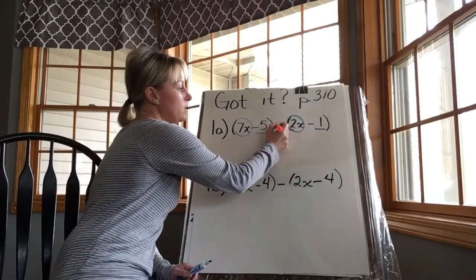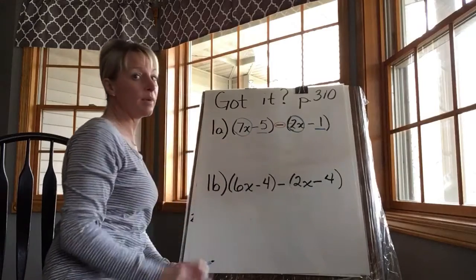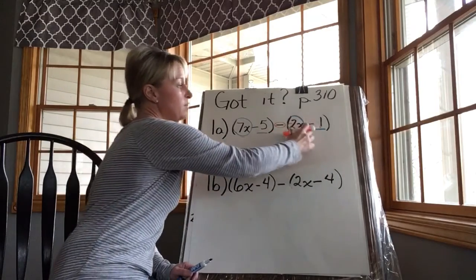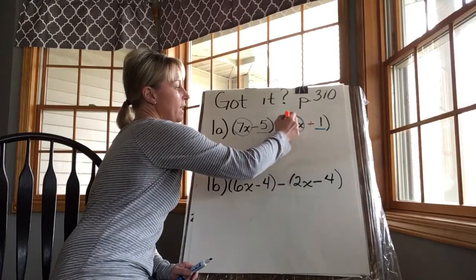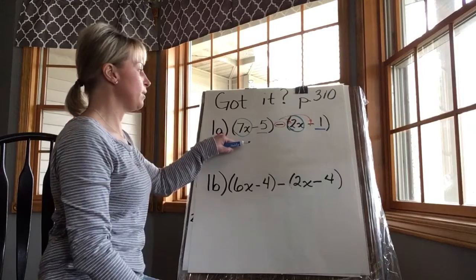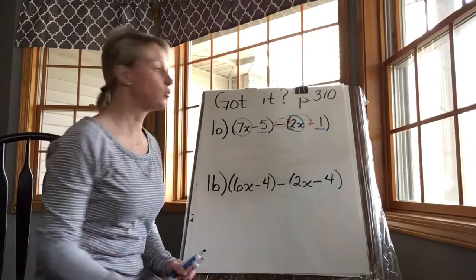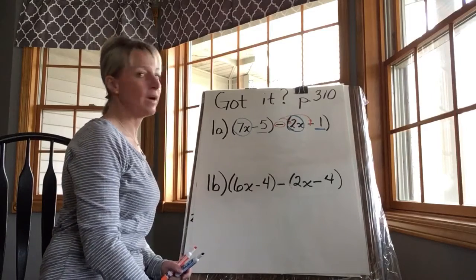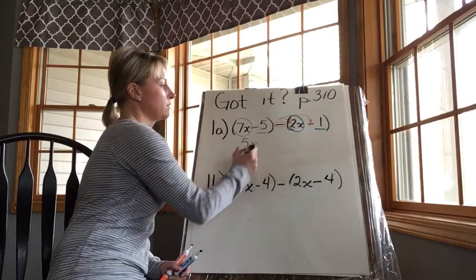So a negative times a positive is a negative. So that now became negative. A negative times a negative is a positive. So that is now a positive 1. So if I have a positive 7 and a negative 2, you actually subtract the 2. So 7 minus 2 is 5, and you keep the x.